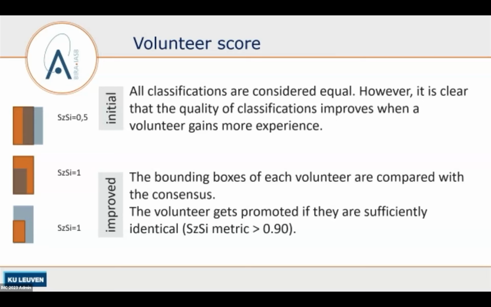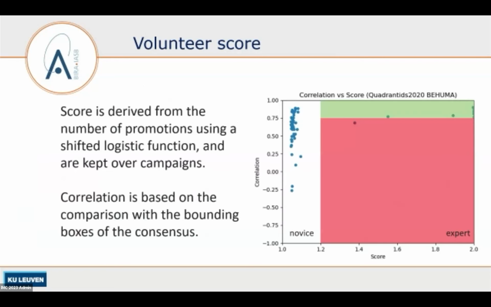After we have done the aggregation, we compare the bounding boxes from each volunteer with the consensus. If they are sufficiently identical, then we promote the volunteer. Then we have a mathematical function to convert the number of promotions into a score between 1 and 2, which you see on the horizontal axis of this figure. 1 means a novice user, and 2 means a user that has gotten a lot of promotions, so is doing a good job.